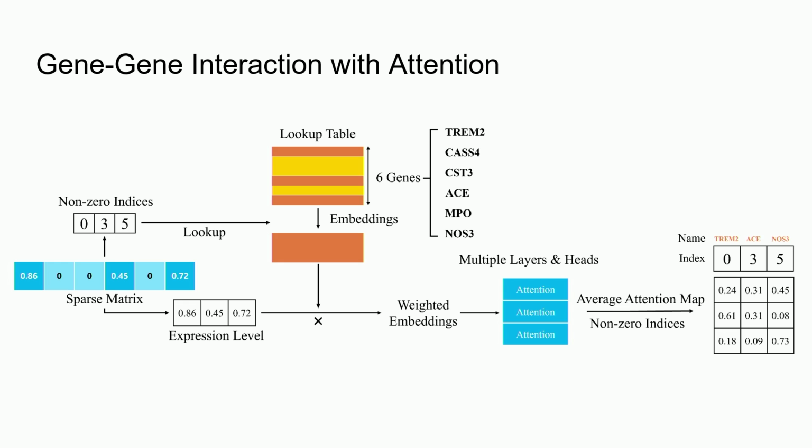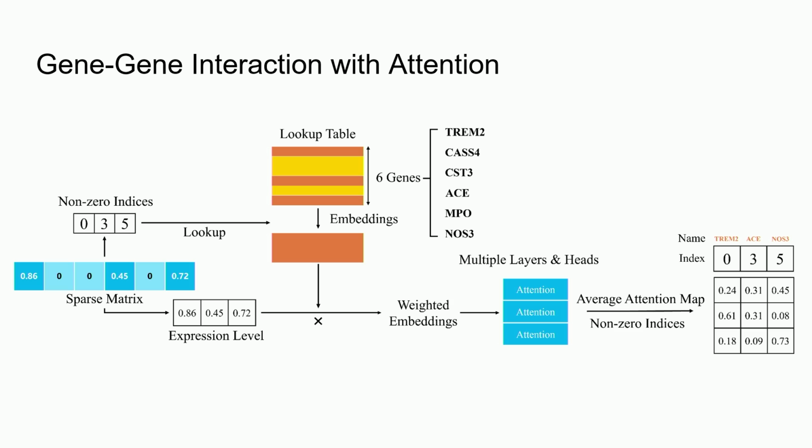What I propose is that for one cell's gene expression, we mark it as a sparse matrix. Every entry represents a gene, and we take the indexes as well as the expression level, generate a gene representation vector for every gene, multiply it with the scaling factor, and pass it into the transformer model.